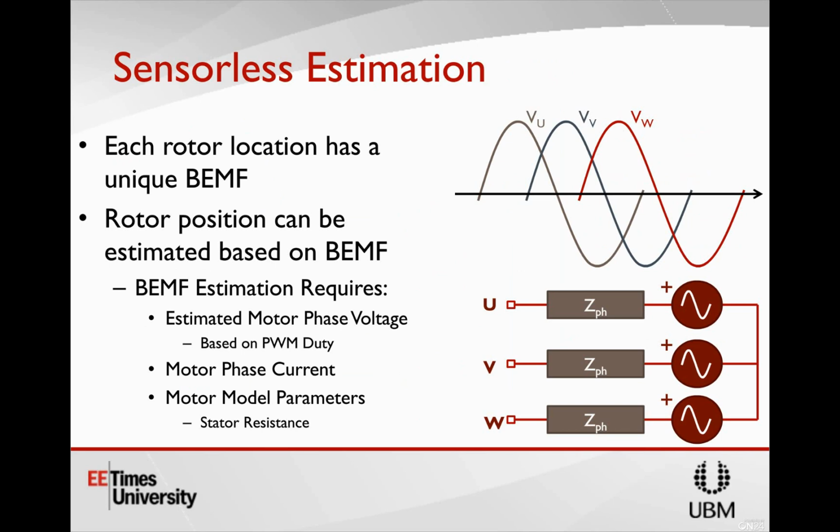So by taking out the voltage drop across this resistor, we now know how much voltage is actually generated by back EMF, because that's just the voltage we applied to it minus whatever voltage it took to overcome the current flowing through that resistor. So this is just a basic example of how to get that back EMF.